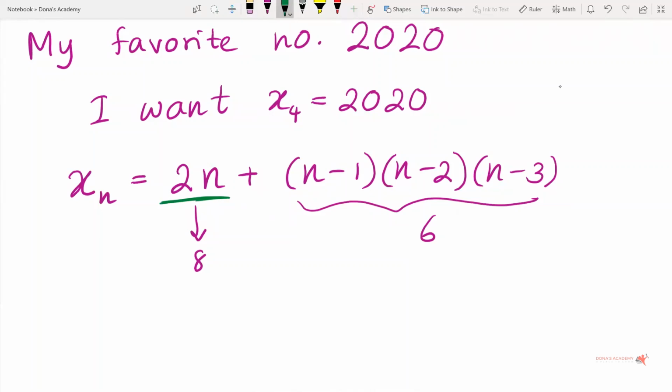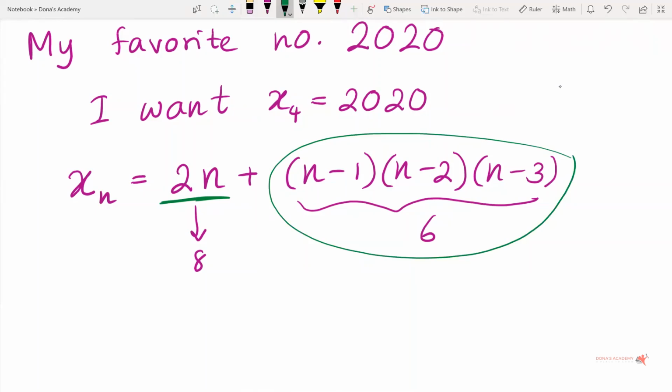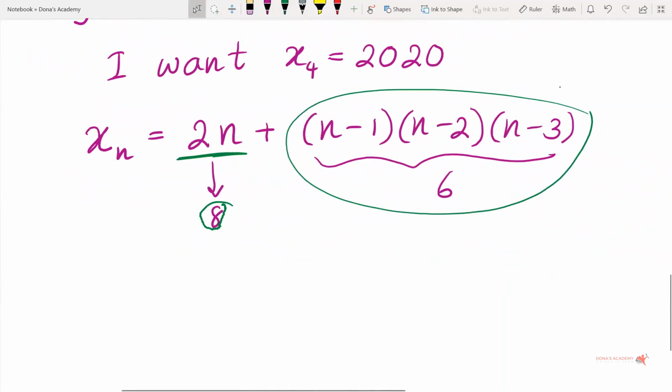However, since this term will give you 0 for those three terms, I can modify it by multiplying and dividing by constants. I don't make any change to this term for the first three terms of the sequence if I multiply or divide by a constant. So since I already have 8 here, what I'm missing to get 2020 is 2012, right?